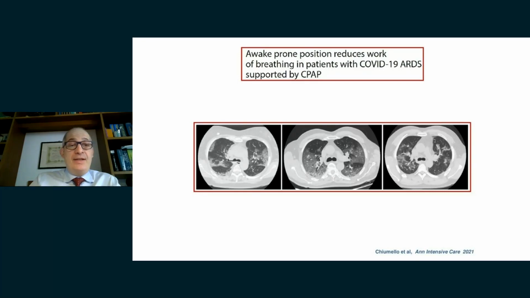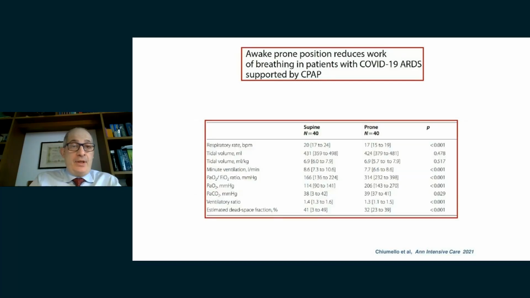And as you can see, there is a different degree and amount of edema and impairment of gas exchange. So these patients were studied in supine position and then were put in prone position.